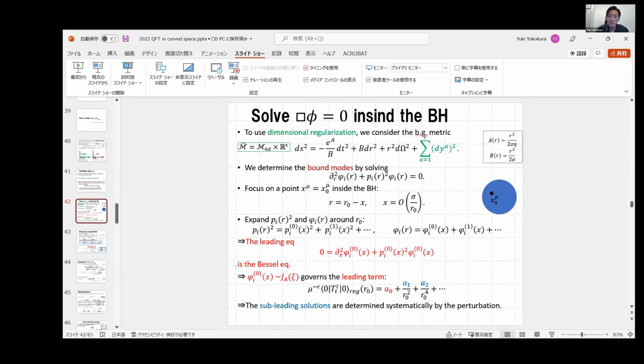This vacuum part can be calculated directly by dimensional regularization. Dimensional regularization is very good because it just introduces an artificial 4+epsilon dimensional space-time. In this background geometry, we can solve the field equation for each mode perturbatively, and then calculate order by order the regularized energy momentum tensor for all the components.